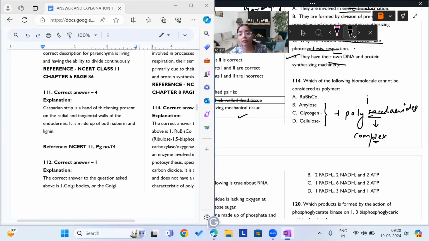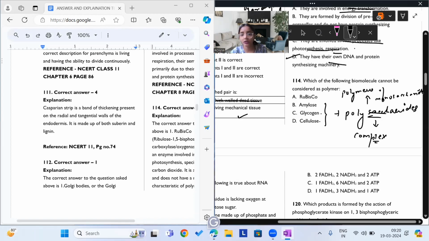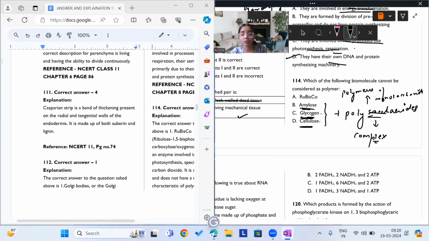They are polymers of monosaccharides. All of these: amylose, which is found in starch, glycogen, and cellulose. Glycogen is found in human beings, cellulose is found in plants. So all of these are polymers.